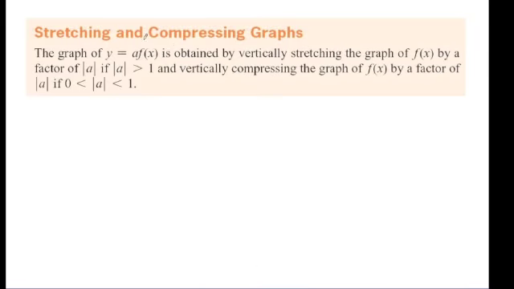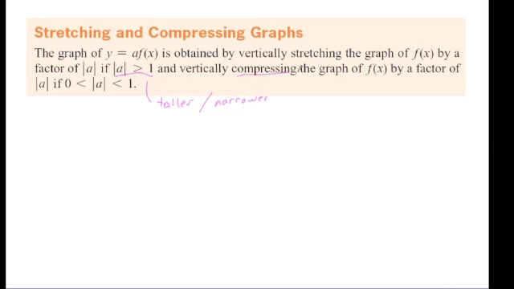So when we're stretching or compressing graphs, the graph of A of f of x can be obtained by vertically stretching the graph f of x by the factor of the absolute value of A if A is greater than 1. It's stretched, it's gotten taller, which makes it narrower.